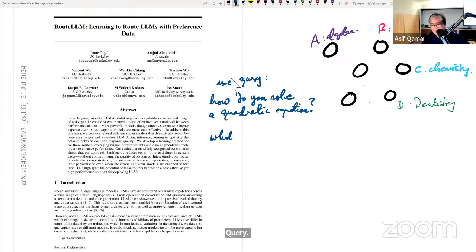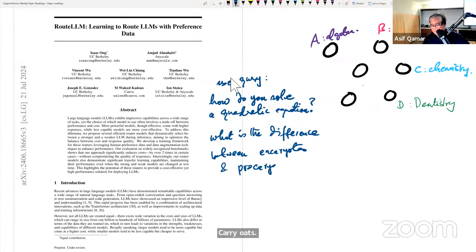What is the difference between eukaryotes and prokaryotes? I'm not a biologist, so I might have gotten the spellings wrong. So let's say that these are the two things, and we will just take these two use cases. What do we need?